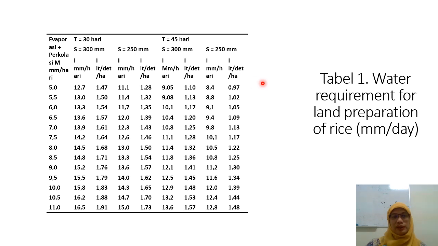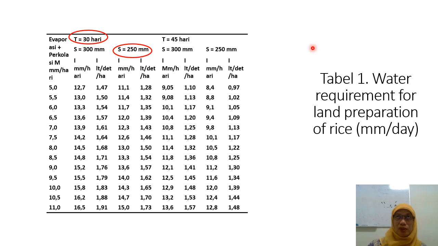According to the information that we have, the land preparation is conducted in 30 days. So we choose this duration for land preparation, and the total water requirement for land preparation is 250 millimeters. So we choose this column.